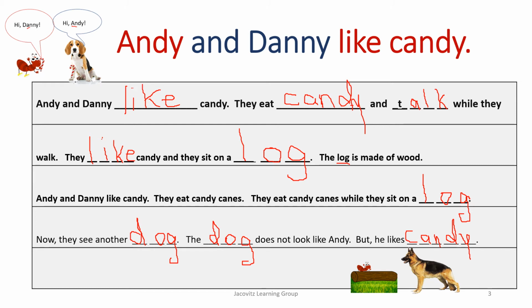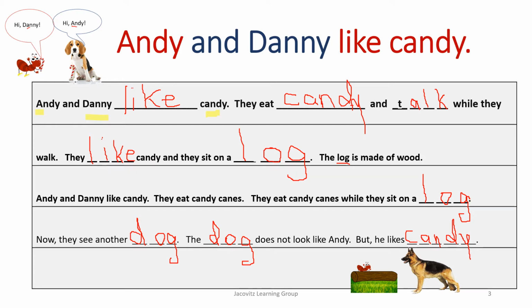Let's read the story very quickly. Andy and Danny like candy. So if you spell Andy right, you spell Danny somewhat right, you should get candy, because candy is Andy with a C. They eat candy and talk while they walk.